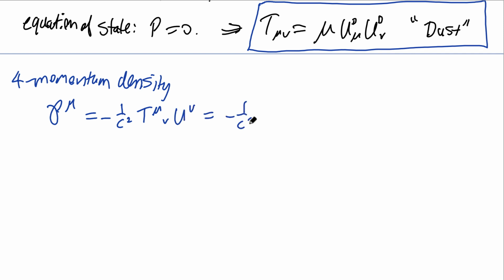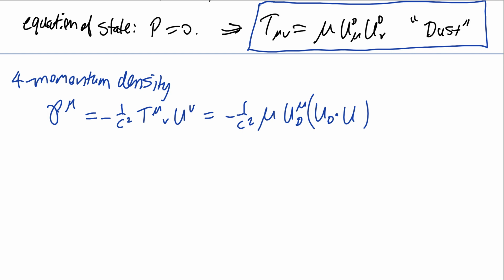And inserting the stress-energy-momentum tensor for dust, we have the mass density μ times u^μ for the dust, I'll put the little subscript d downstairs since the index is upstairs, times u of the dust inner product with u of the observer.